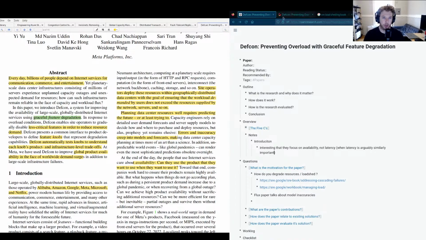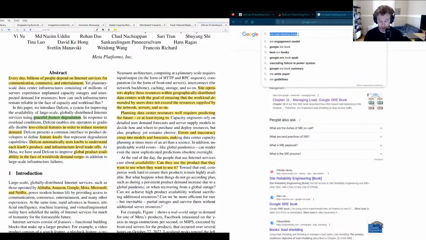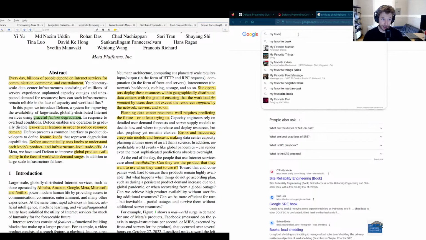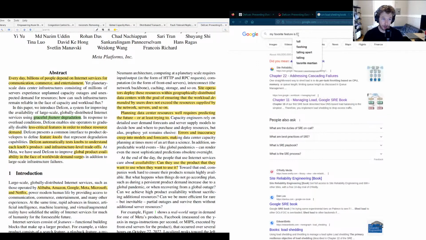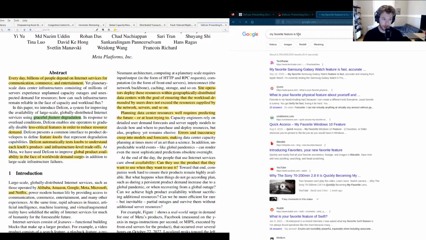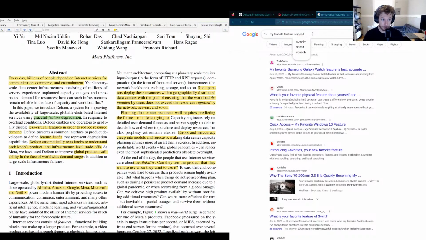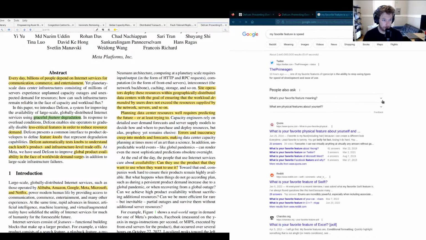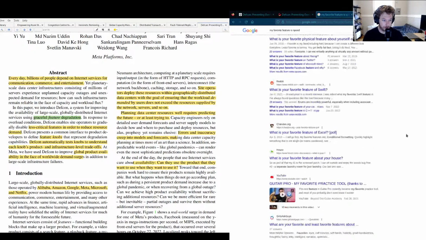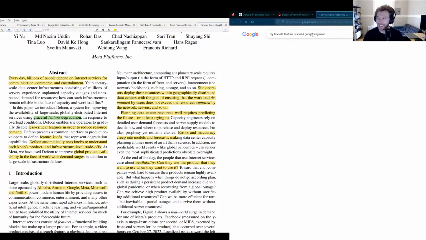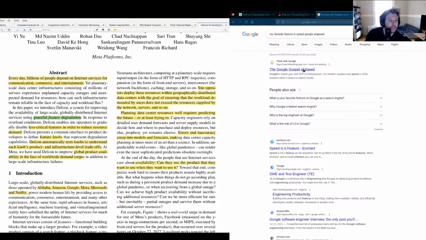I think there's some quote which is my favorite feature. My favorite feature is fast. It's fast. It's formally set by a Google engineer. Yeah, speed is a feature.